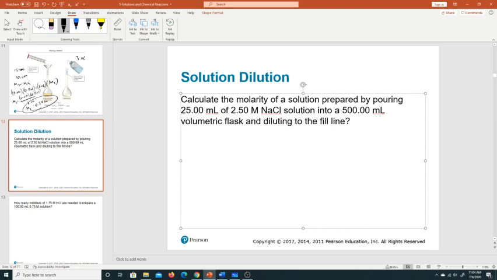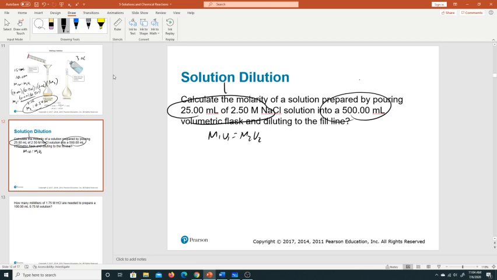Calculate the molarity of a solution prepared by pouring 25 milliliters of 2.50 molar NaCl solution into a 500 milliliter flask and diluting to the fill line, to the meniscus. Well, M1 V1 equals M2 V2. We start with this, that's the 1s, and we're making this, there's the 2s. So molarity 1 is 2.50 molar.